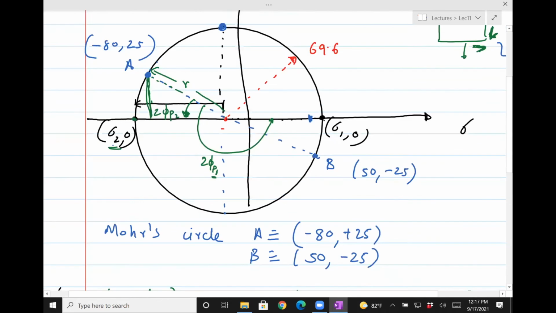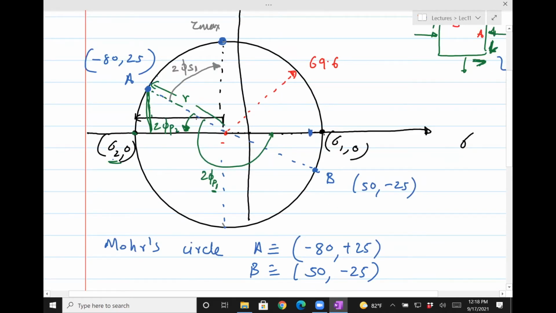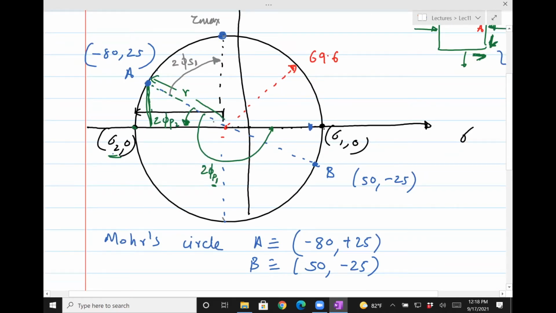This is the angle made by face A with the maximum shear stress, right? The maximum is here, the minimum is there. I need to go this way, and so it's going to be 2 phi S1 because that's the maximum shear. To find the minimum, I need to go like this, 2 phi S2. Again, you can use trig.